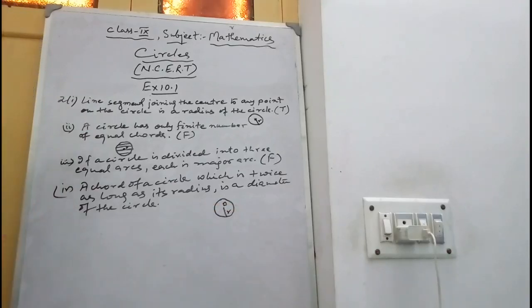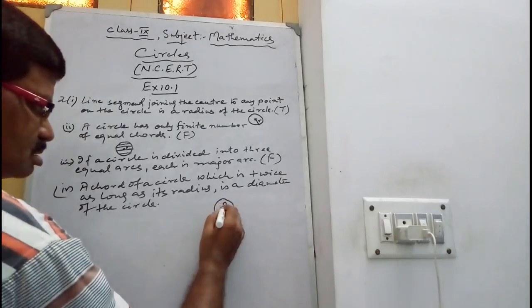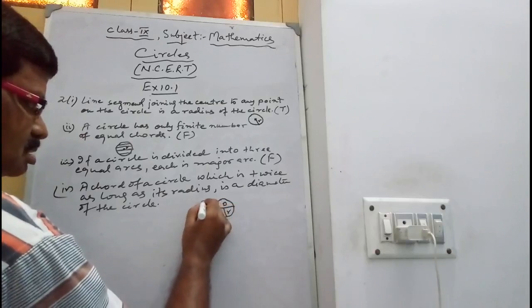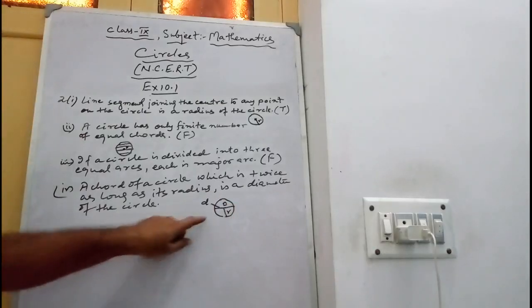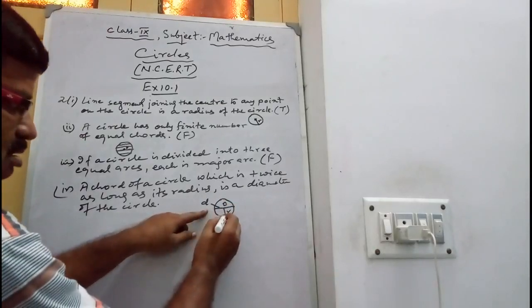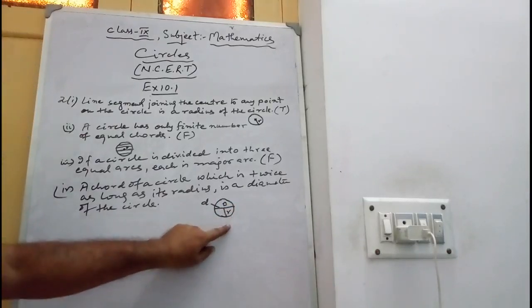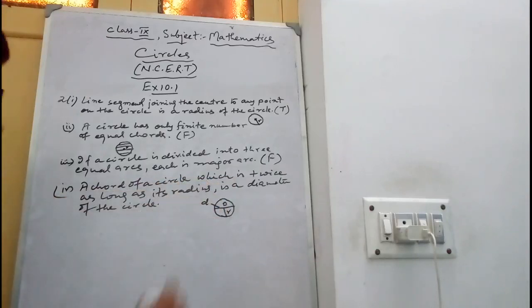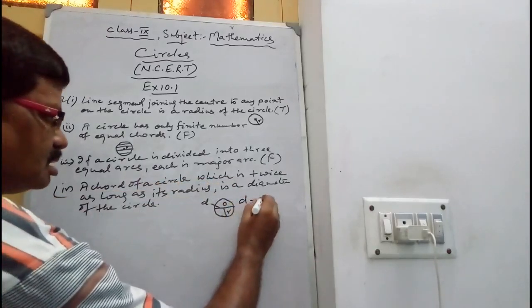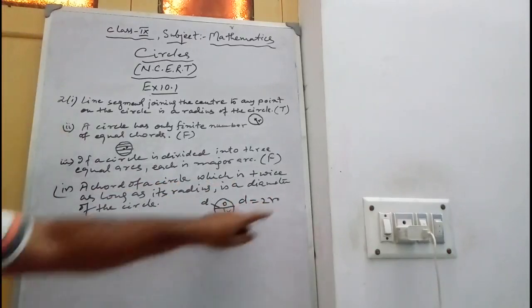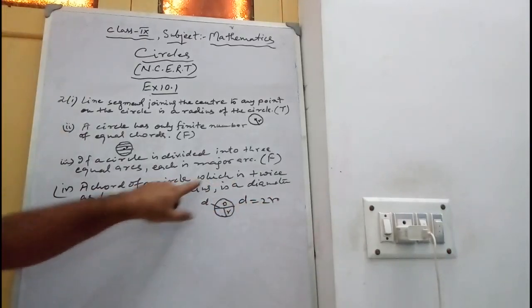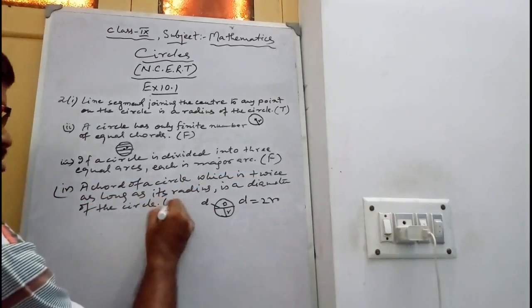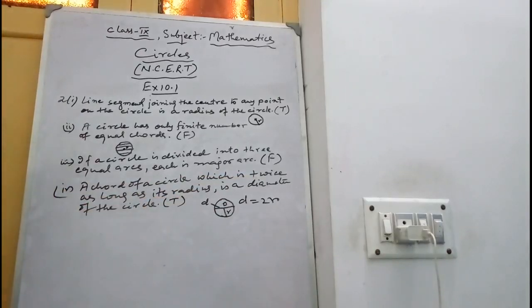This one is the radius and this one is the diameter. So the diameter is double the radius. Double the radius is the diameter, twice as long as the radius, so that statement is true.